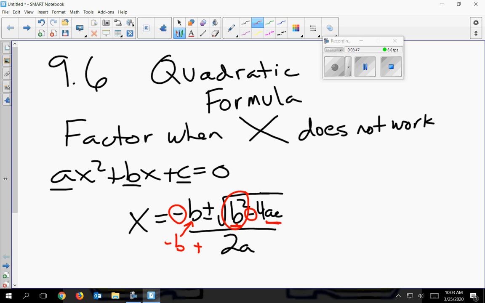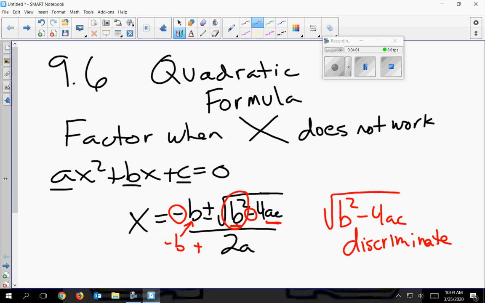This piece of the quadratic formula that's underneath the radical is called the discriminant. And it sounds like it discriminates depending on what the sign is that we get from doing all the math inside, okay?